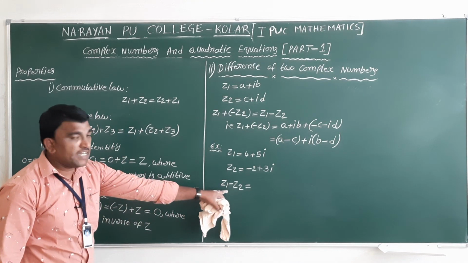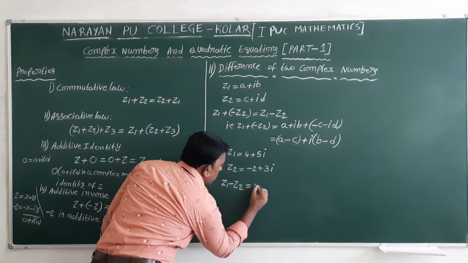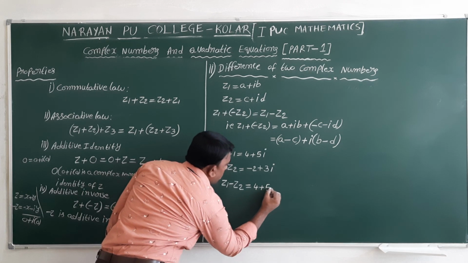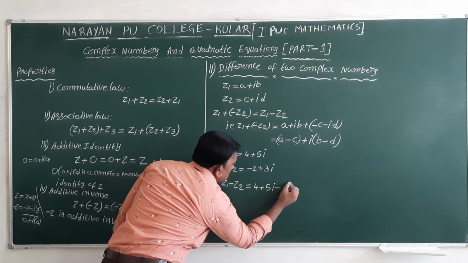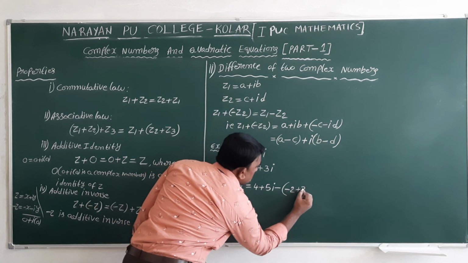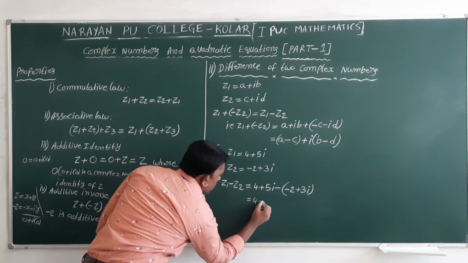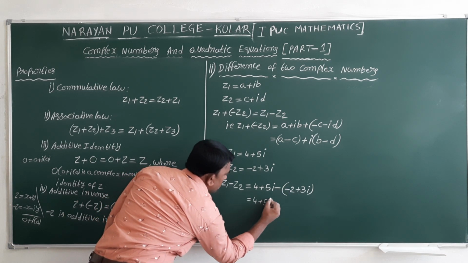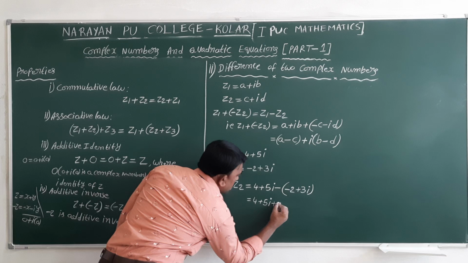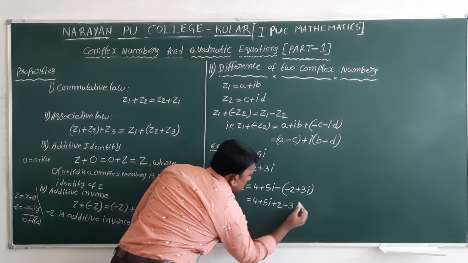Now the direct difference, z1 minus z2. z1 is 4 plus 5i minus of z2, which is minus 2 plus 3i. Simplifying this, 4 plus 5i, minus of minus is plus 2, minus into plus is minus 3i.